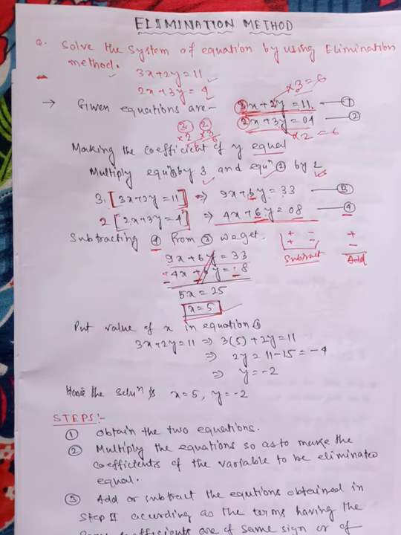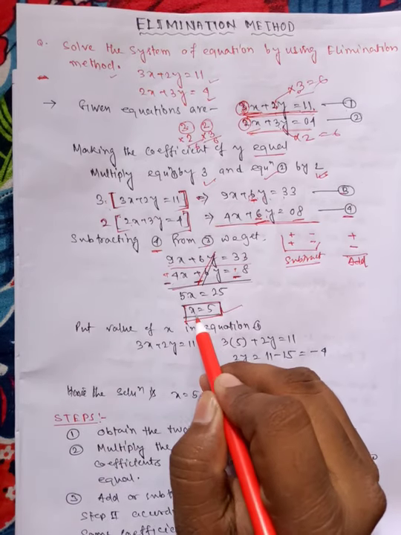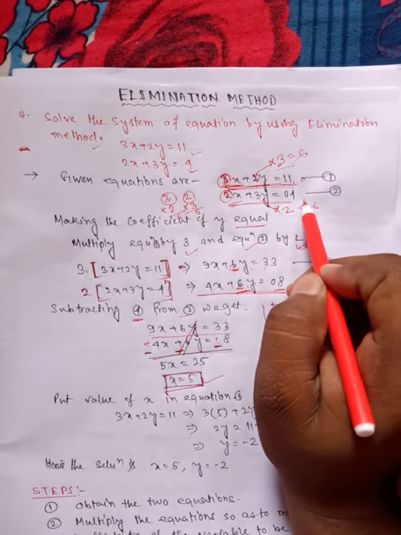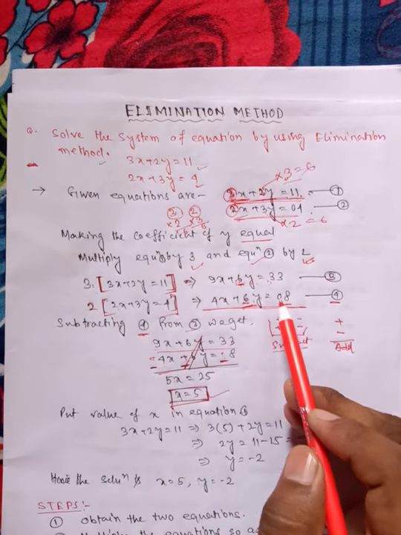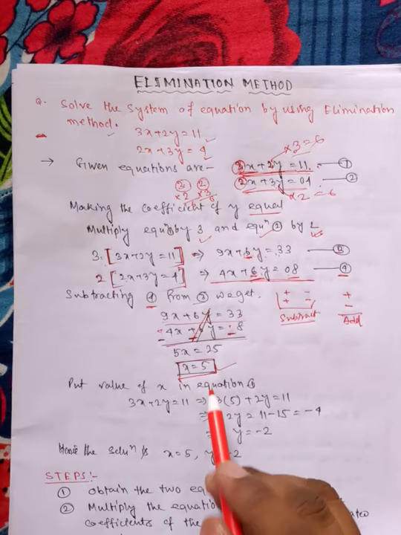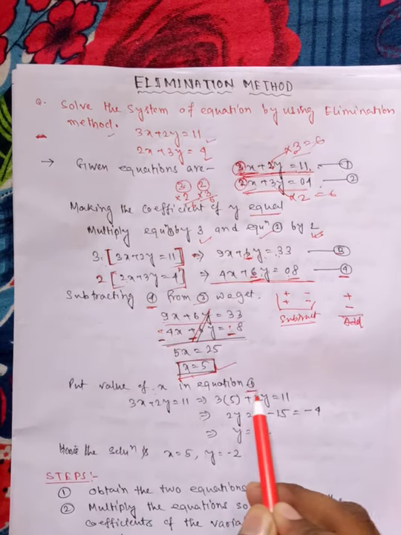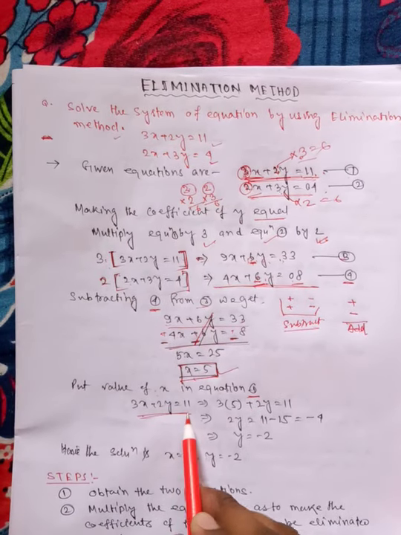Then you put the value of x in any equation, equation 1 or equation 2, or equation 3 or equation 4, any equation. Here I have put the value of x in equation 1. 3x plus 2y equal to 11.